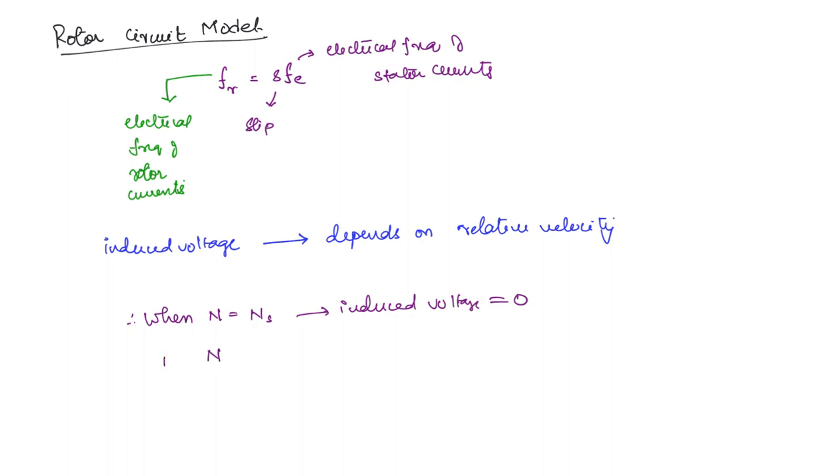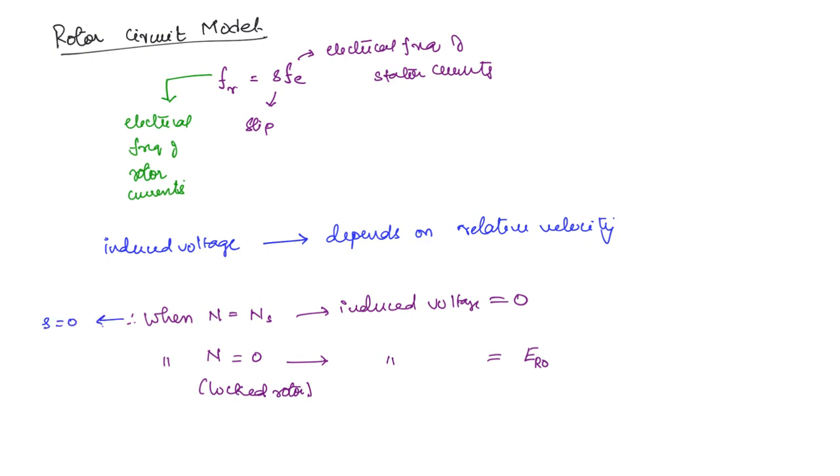When n is equal to 0, that means in the locked rotor, we are seeing to it that the rotor is not rotating despite the presence of the rotating magnetic field. In this case, the induced voltage will be the highest. Let us take this induced voltage to be ER naught. The subscript R is for rotor induced voltage and naught represents that it is the induced voltage at locked rotor condition.